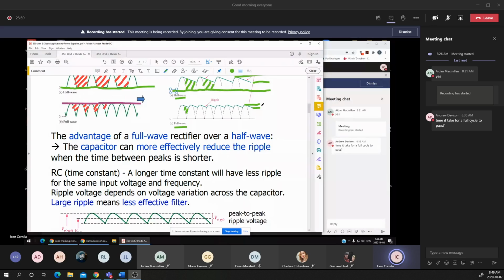A good UPS, a good AC to DC converter, usually is in about this range, 100 millivolts of ripple, which is quite reasonable for our goal, to have a nice smooth output voltage as an ideal DC voltage or DC current.